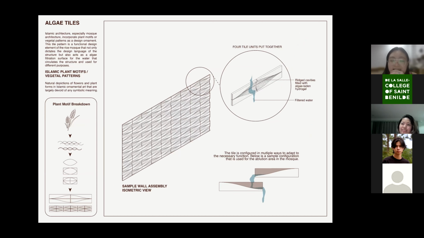Another one is the algae tiles that we mentioned before that we also applied to the shop house, but it is more prominent here, I think, because the idea started from the structure, wherein we were looking at Islamic culture and how in their architecture they integrate plant motifs or vegetal patterns, which we looked into and it doesn't have any religious or symbolic meaning behind it, except for the fact that it symbolizes flowers and plants.